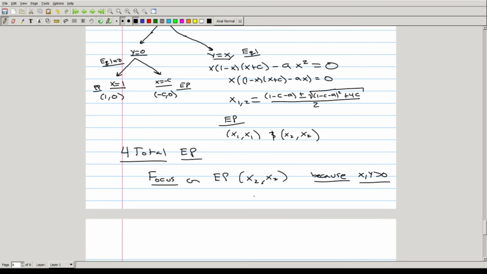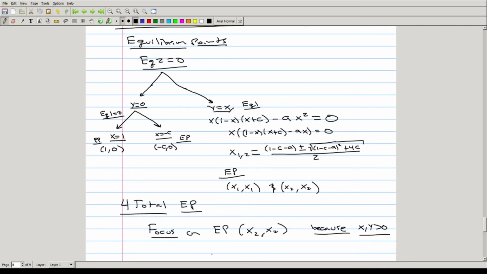This equilibrium point lies in the first quadrant. And we can get a nice picture of this just by looking at a Desmos plot of the null lines along with the equilibrium points plotted on for any number of values. So let's open that up and take a look at that right now.